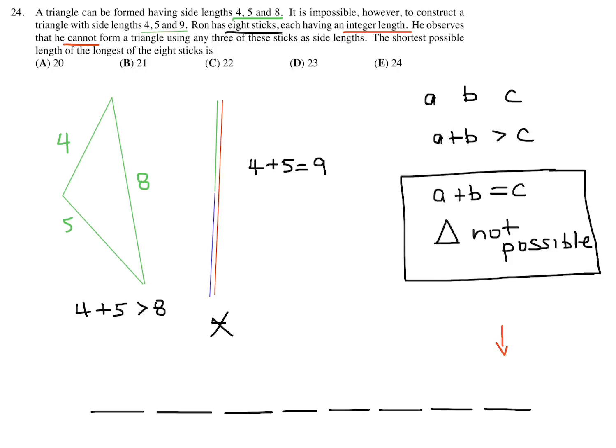We want the shortest possible length of the longest stick. So we want shortest. We're concentrating on smallest numbers possible. So the first number, the smallest number possible, is 1, right? That's the smallest integer. The second number, the smallest possible number, is 1 also. And how about the third number? Let's make that a 1.